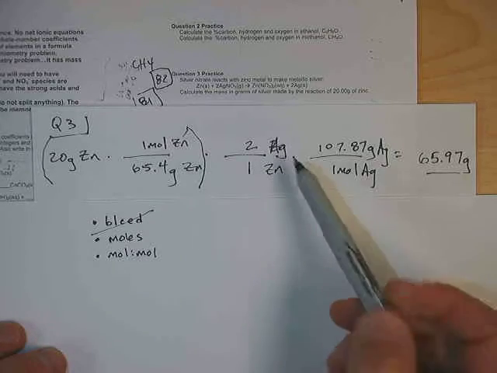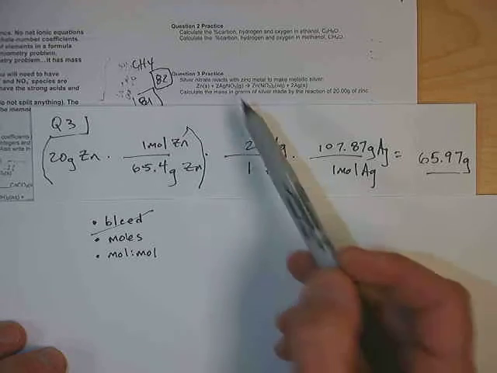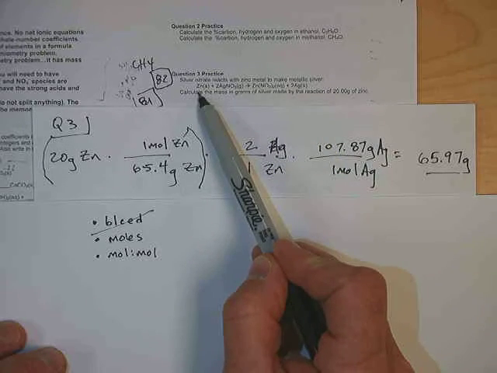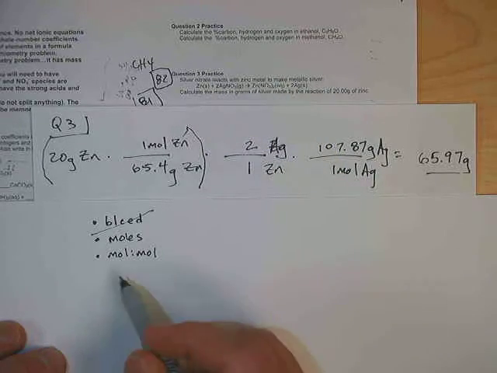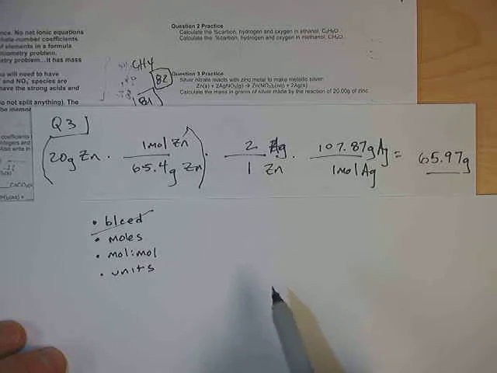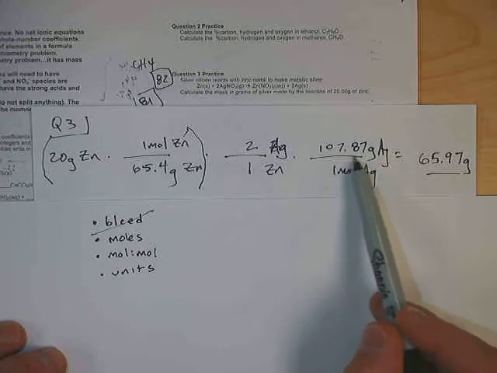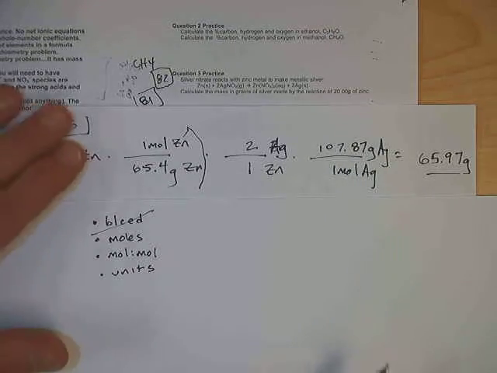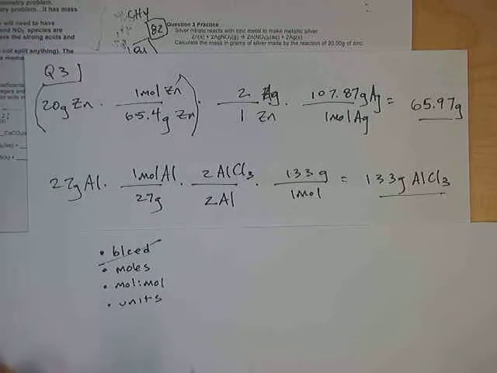Next is to use the mole to mole ratio from the balanced chemical equation. There's 2 silvers for every 1 zinc. And then the third step is to convert to whatever units they ask for, and in this case they're asking for the units of grams, so I looked up silver on the periodic table and it's approximately 108.